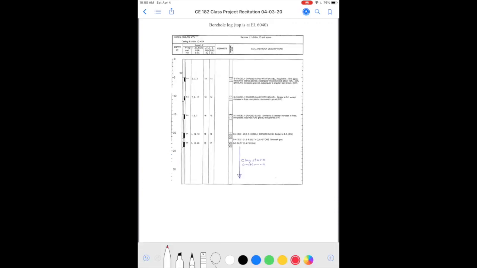So the elevation at the top of the ground here is 6040, and then the borehole log goes down to 5 feet, 10 feet, 15 feet, 20 feet, 25 feet or so when it stops.